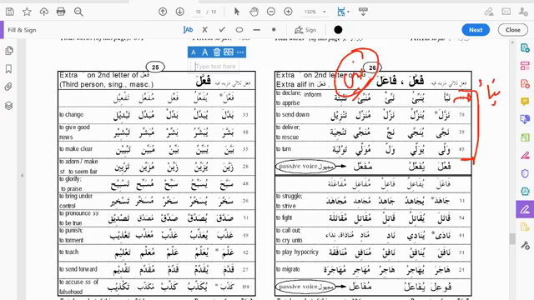Nazzala, in this situation, means to send down, or sent down, which is more accurate than revealed, because to reveal is to do kashf. Kashf is different than nazala, because tanzil is from the root nazala. Nazala means to come down.